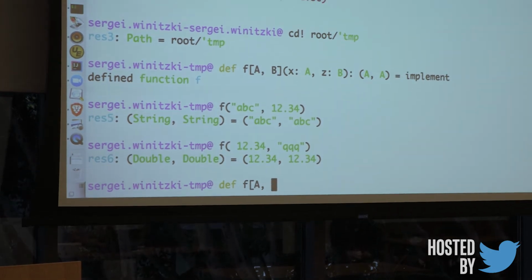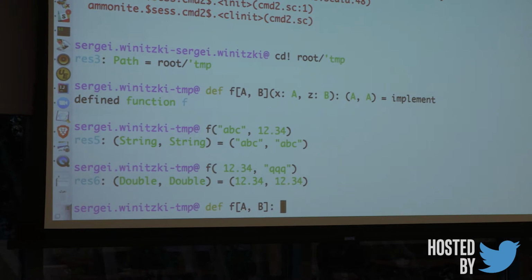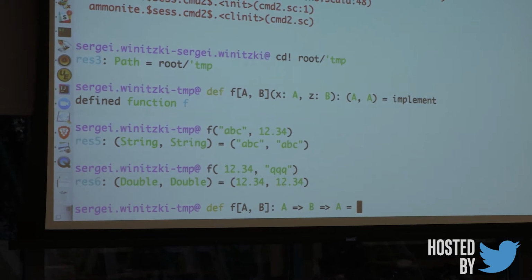Let me give you another example. I can define functions in many different ways. Type signatures can be written in different ways. So for example, I can write a type signature like this as well, as a curried function. And again, in this case, there's only one way that you can write this code. You must ignore the second argument, and you must return the first argument.